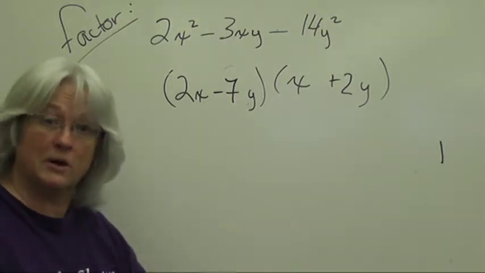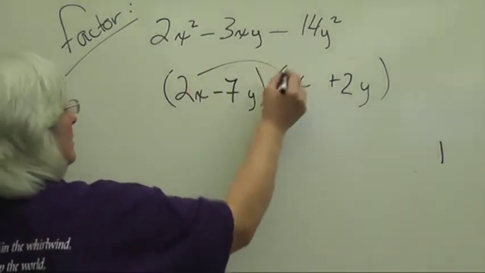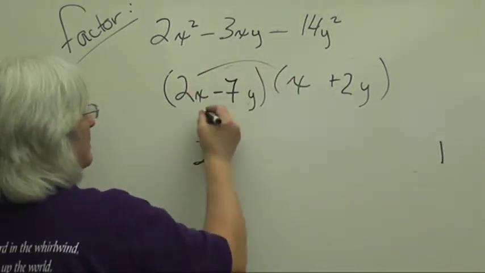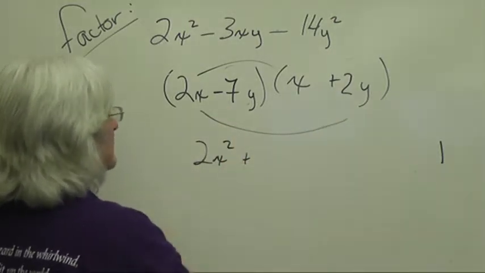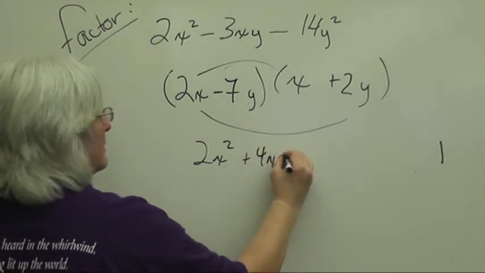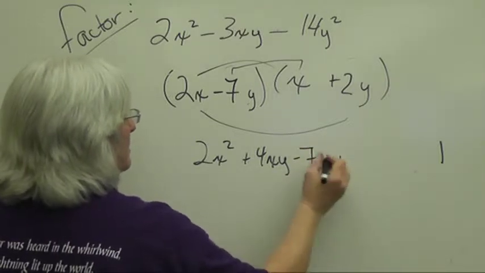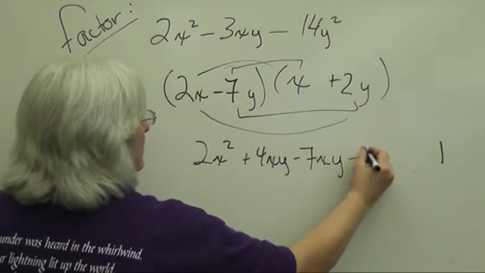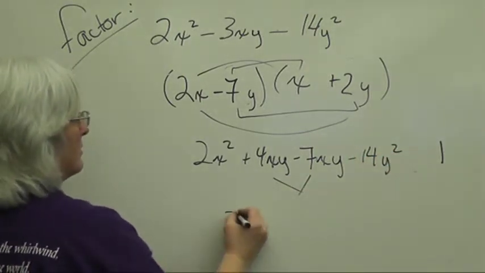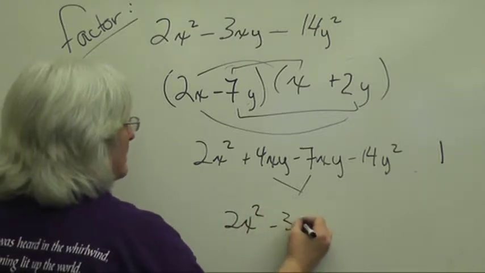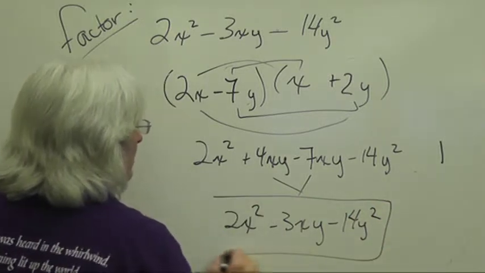You always, always, always, when you have come up with your binomial factors, you want to check it. 2x squared, outer product, plus 4xy, inner product, minus 7xy, and last product, minus 14y squared. Combine like terms, 2x squared minus 3xy minus 14y squared.